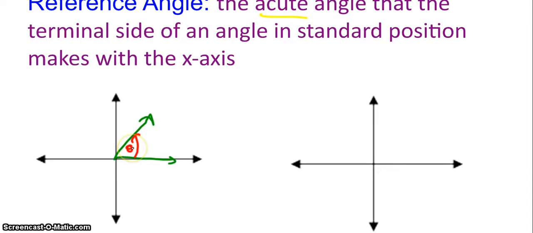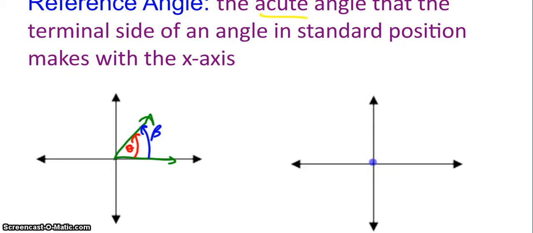Well, since this angle theta is an acute angle, its reference angle is itself. So the reference angle, I'm going to call beta, is the same angle as theta. Okay, so that's kind of weird.